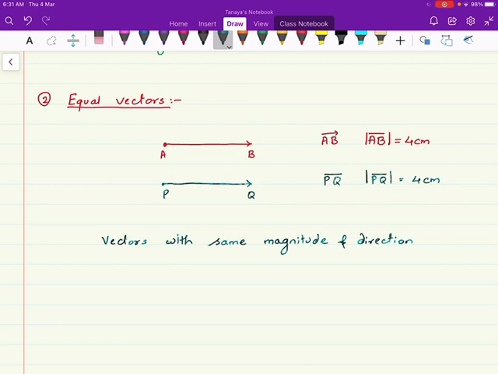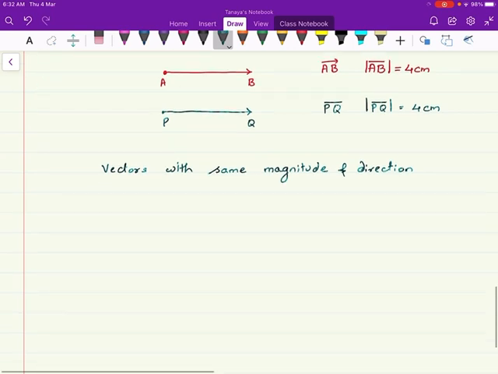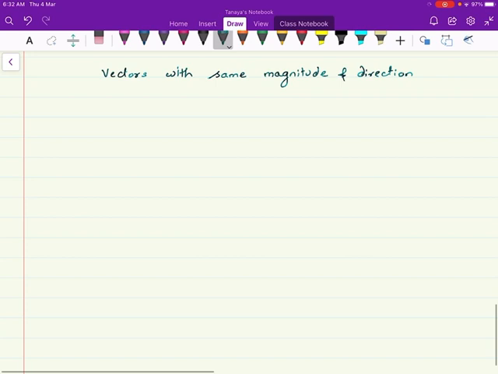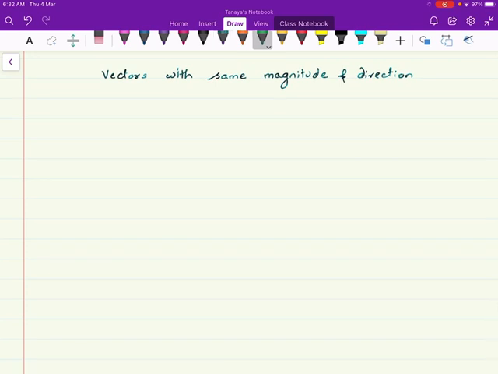If direction is the same but magnitude is different, still they will not be equal vectors. For vectors to be equal, both magnitude and direction have to be the same. So such vectors are called equal vectors. Now let's see the next type of vectors.